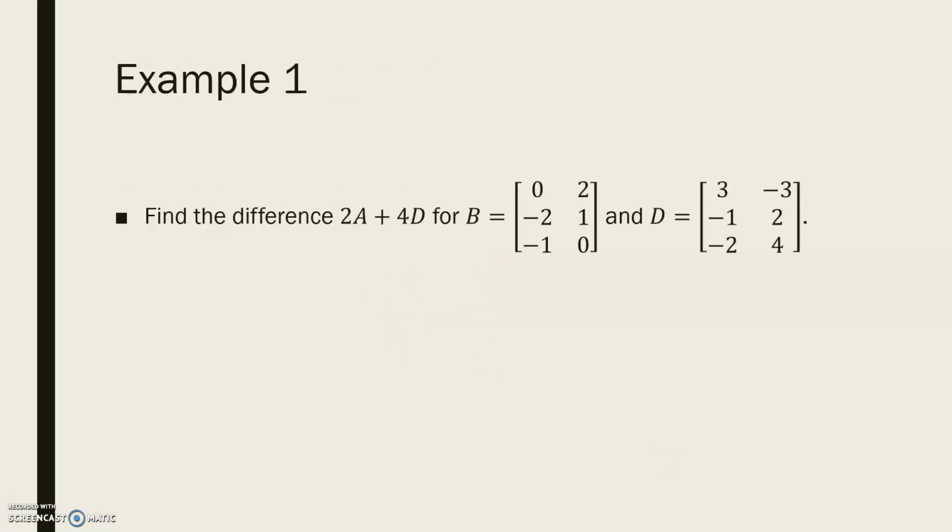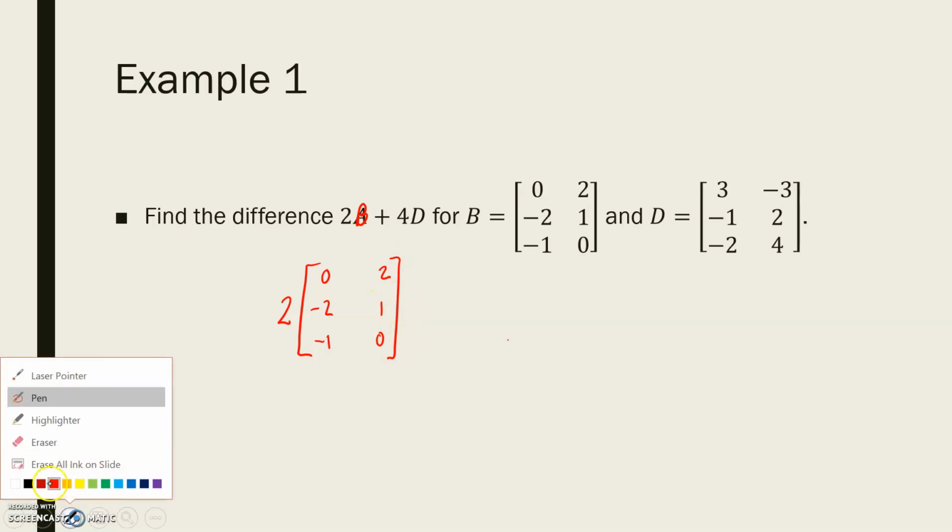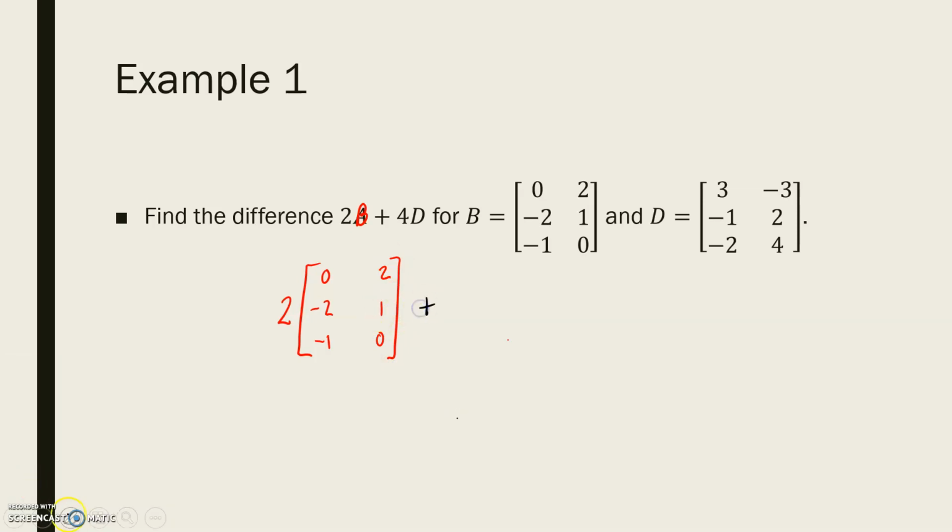So if I apply that to this one here, when I look at 2a, that should say 2b, my bad. It's going to look like 2 times this matrix, and then I've got plus 4 times d.